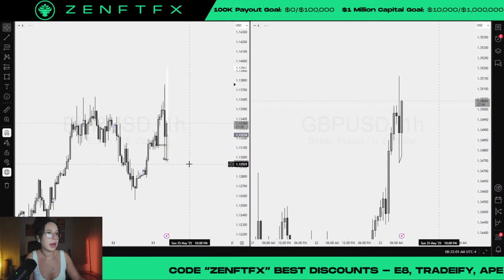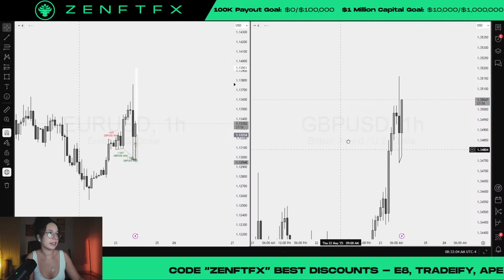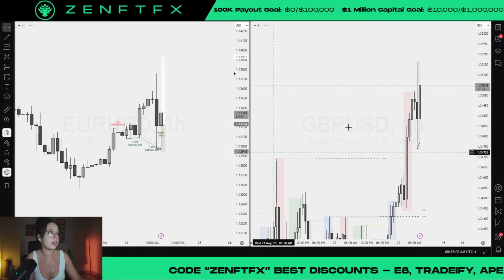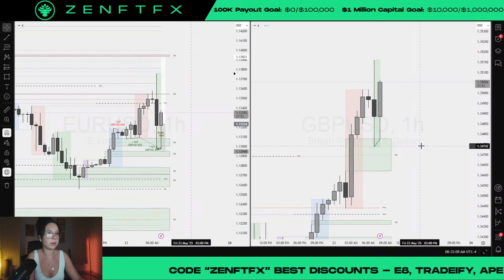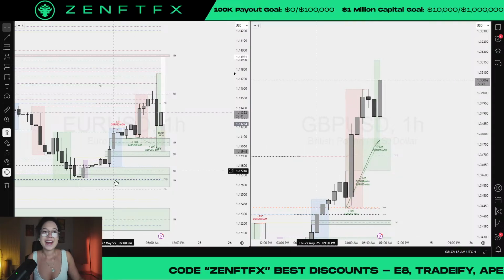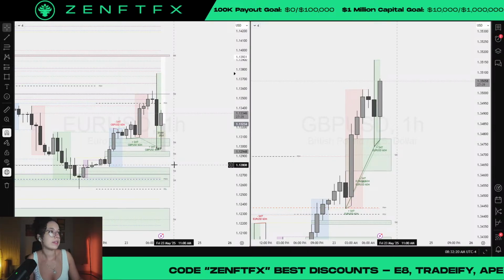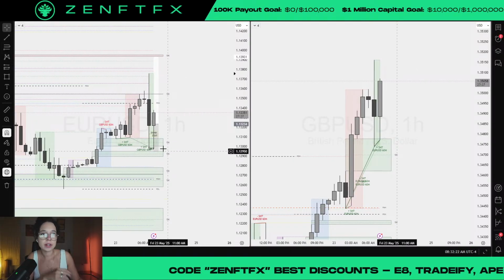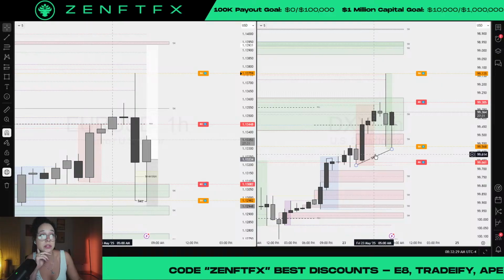So to recap this trade right quick, we took the longs because we are rejecting out of an hourly fair value gap, and we have an hourly SMT with both GBP USD and DXY.